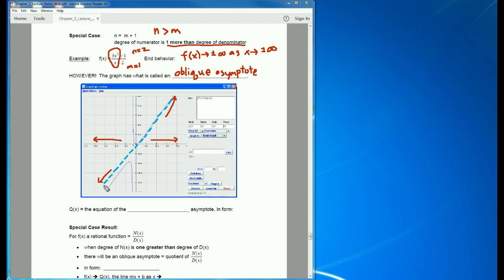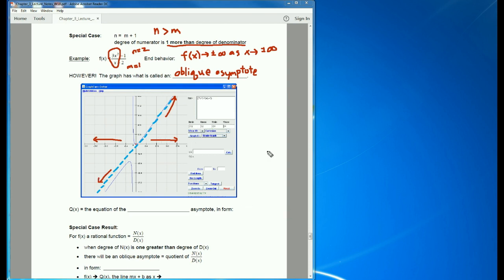It's like this slanted line. So an oblique asymptote will always be a line, not vertical, not horizontal, but a slanted line. And the function will ultimately approach that line as x approaches plus or minus infinity. We can find the equation of the oblique asymptote as follows.